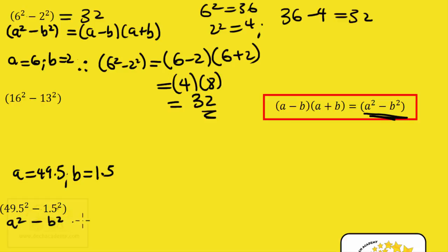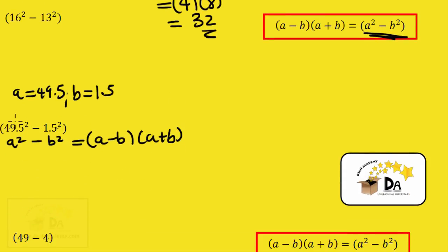We know that a squared minus b squared is a minus b times a plus b. Therefore, 49.5 squared minus 1.5 squared is equal to 49.5 minus 1.5 times 49.5 plus 1.5.